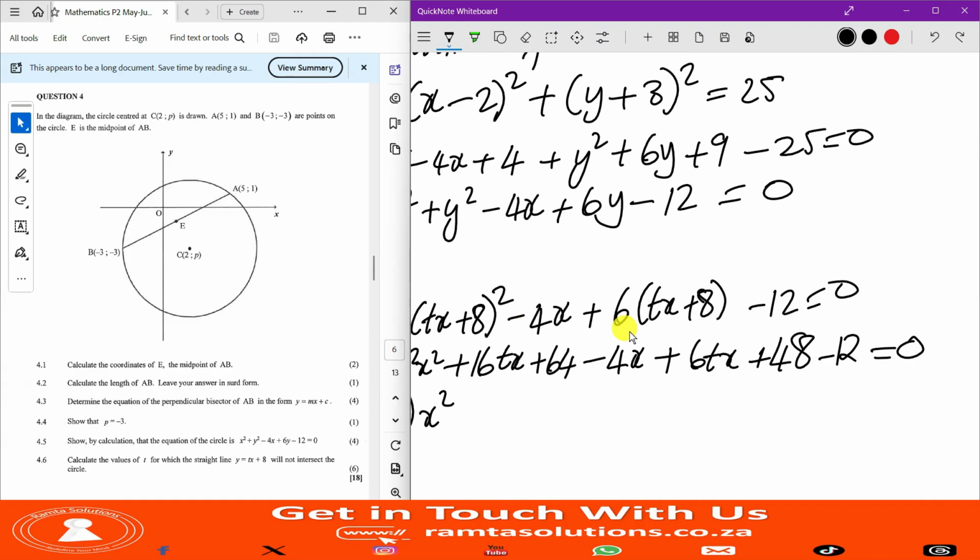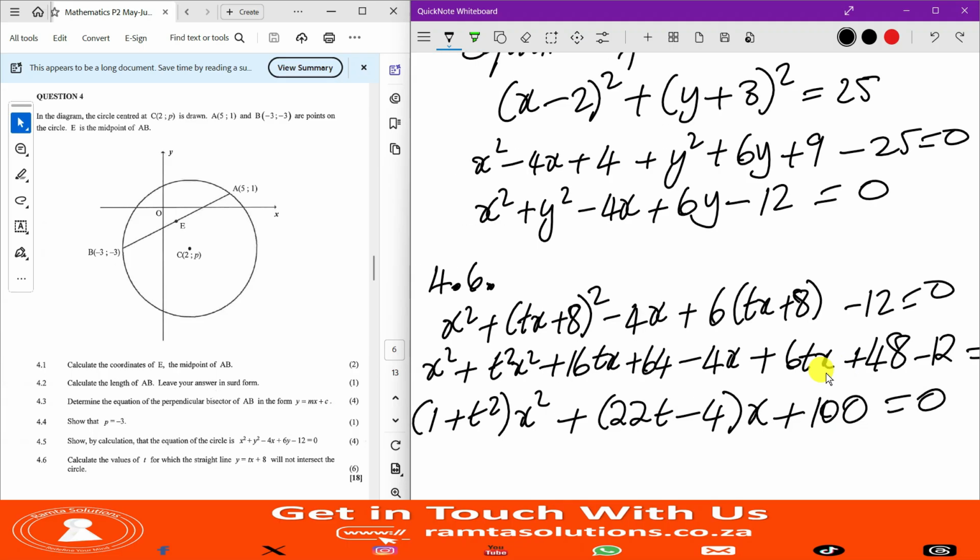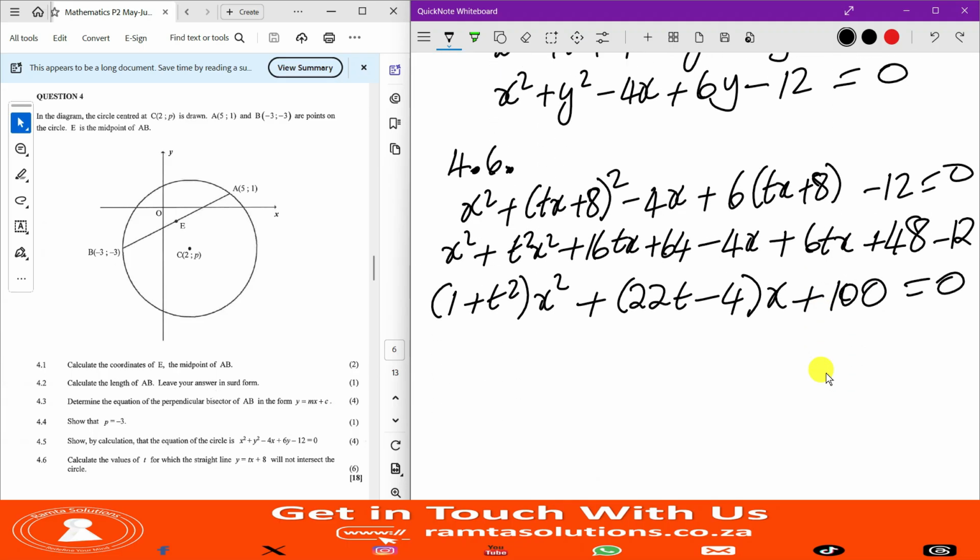And then we have 16tx plus 6tx, which is 22tx, but I see a minus 4x, so let us say (22t minus 4) x. 64 plus 48 is 112, 112 minus 12 will be positive 100 equals 0.